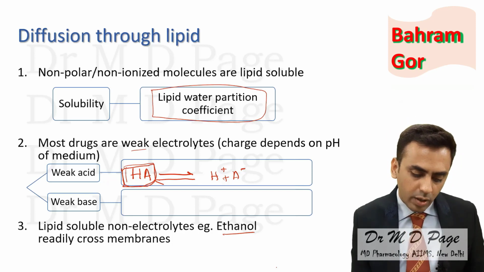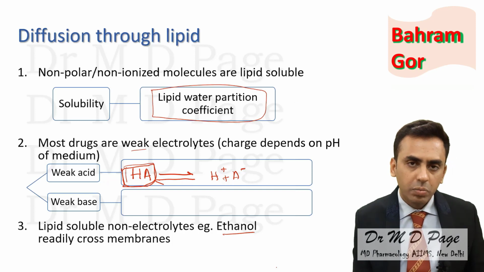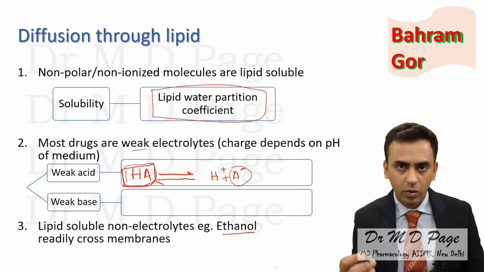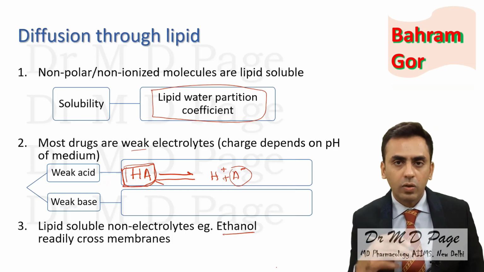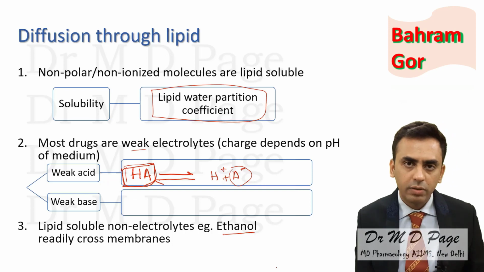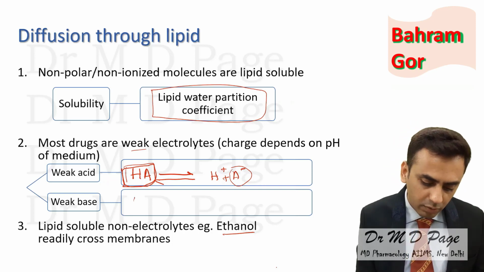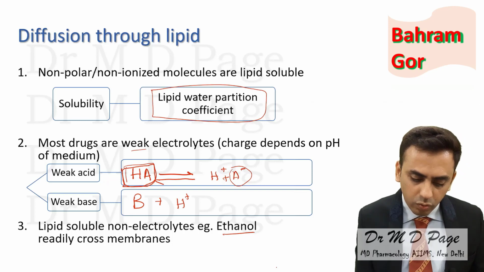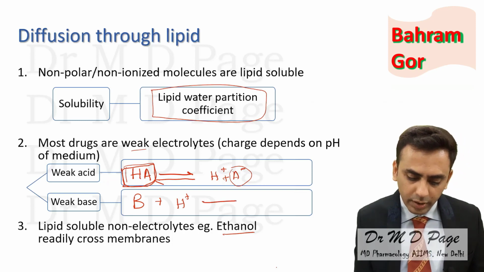So if the surrounding pH is such that it forms this charged species, the drug will not cross the membrane. Similarly, for a base, what is the definition of base? A base is something which will accept H+ to form BH+, correct?